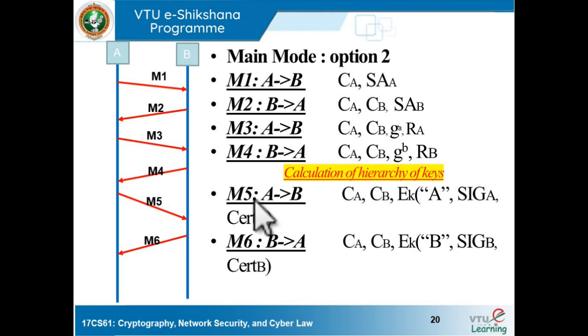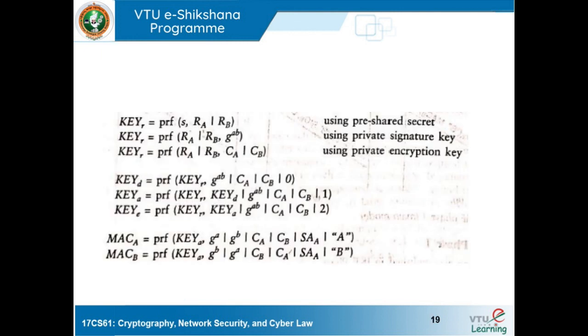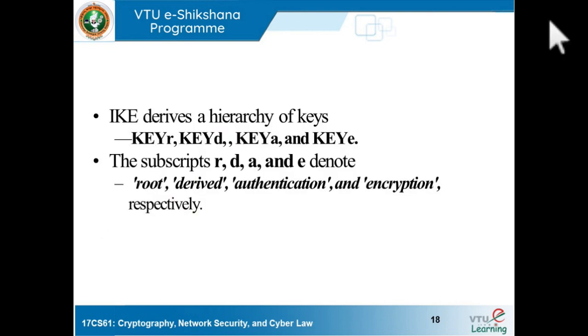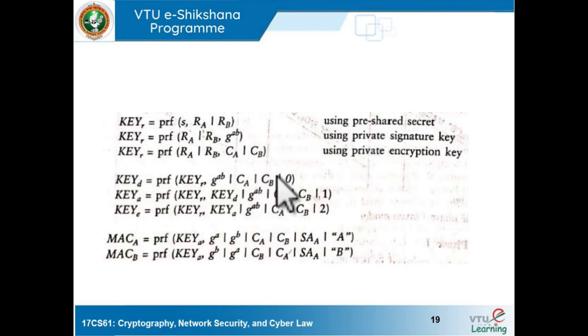Now in M5, which is a message sent from A to B, the cookies are involved. Along with that, a signature of A is included and the certificate for A is included along with the identity of the initiator A. All of this is again encrypted using the key KE. Over here we can see that it is an encryption key.